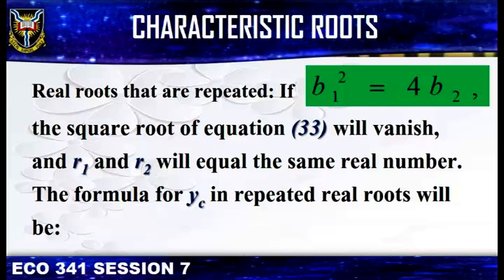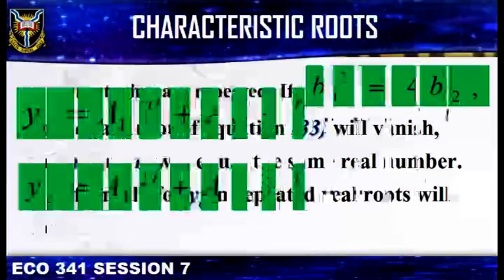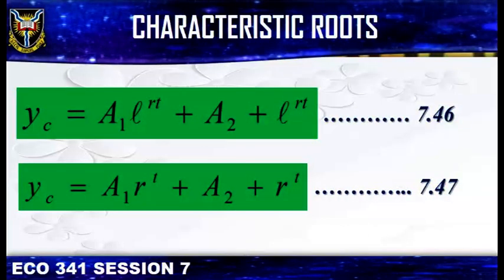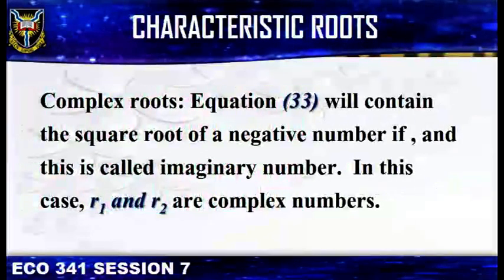The formula for y_c in repeated real roots will be y_c is equal to A1 r raised to power t plus A2 t r raised to power t, equation 7.46, equation 7.47. 3.